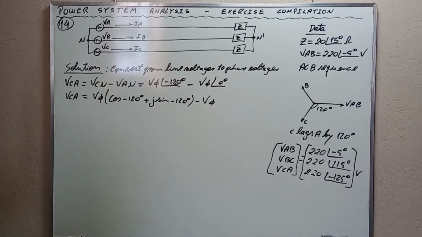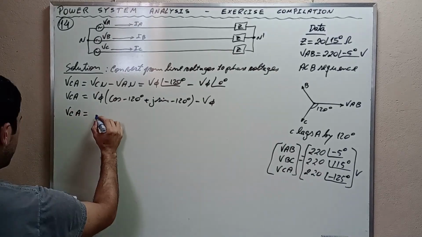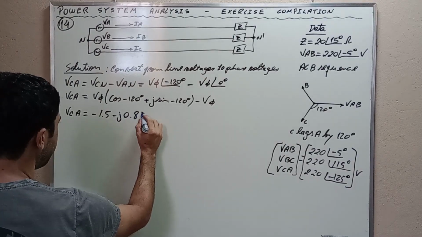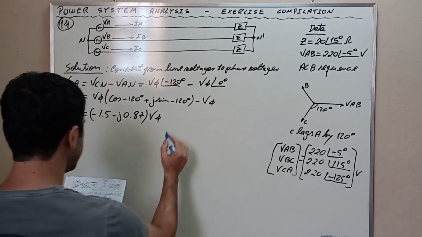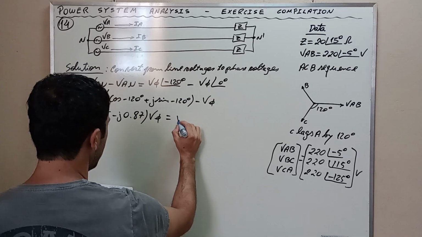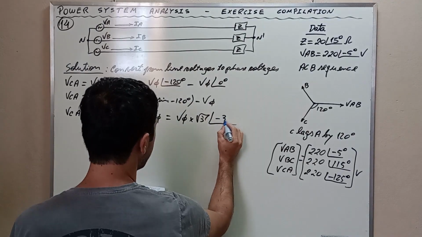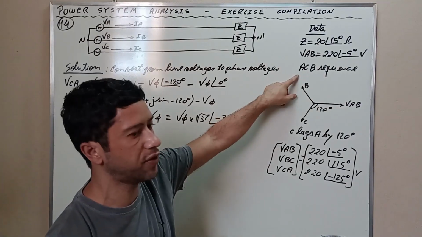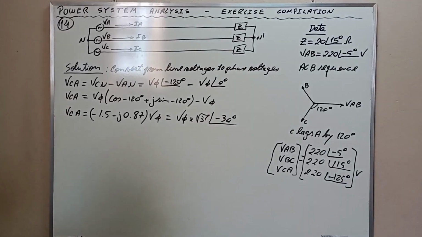And if we carry out this, we find that VCA is equal to negative 1.5 minus J 0.87 times V phi, which is equal to V phi times the square root of 3 phase negative 30 degrees, okay? It is negative 30 degrees because this is the inverse sequence. Had it been the direct sequence, this sign here would have been positive. Okay, my friends, this is how we convert.